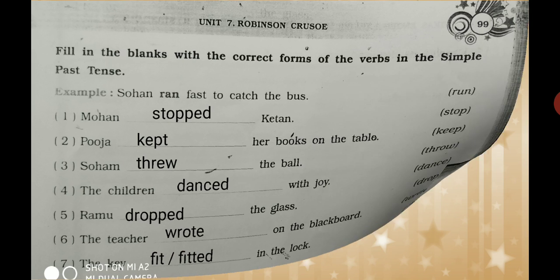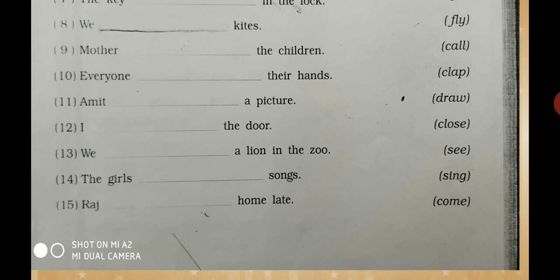Understand? Let's move on. We dash kites. What is there in a bracket? Fly. And what will be the past tense of fly? Flew. Mother dash the children. Call. What will be the past form of call? Called.